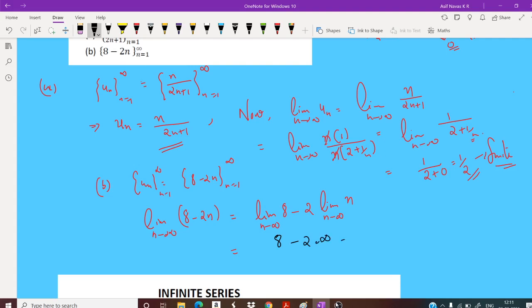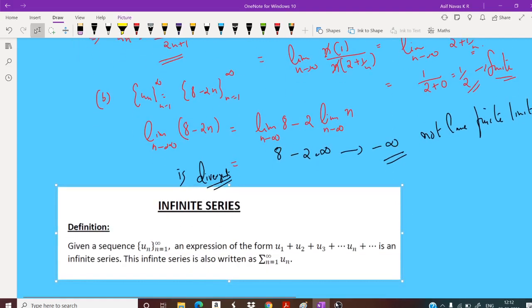It goes to infinity. So this goes to minus infinity, right? 8 minus 2 infinity means that this does not have a finite limit. Then what can you say about this sequence, is it divergent or convergent? Divergent. Very good.